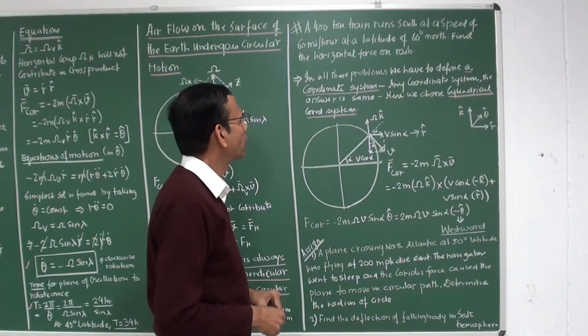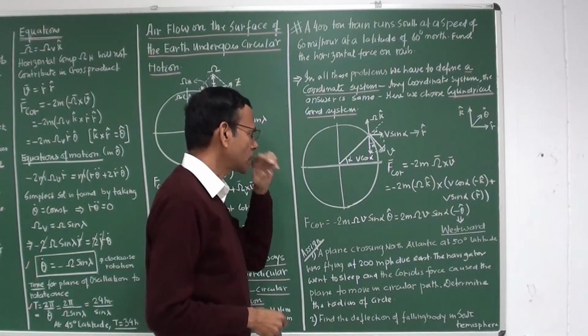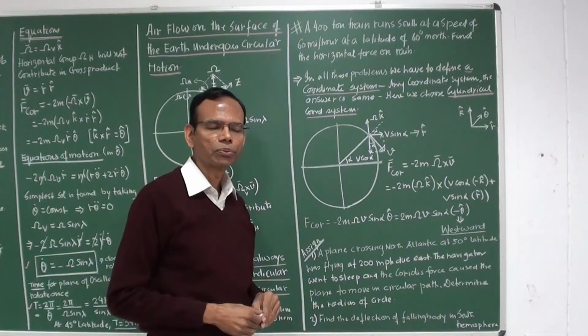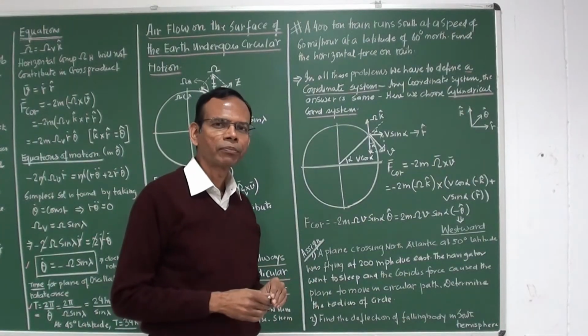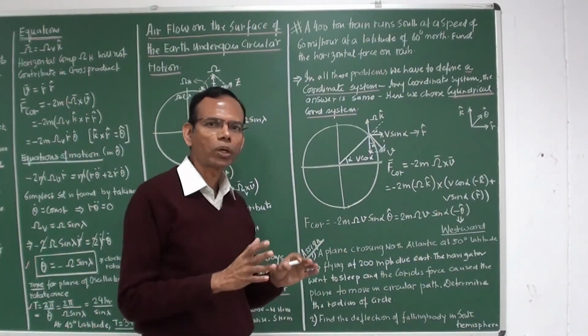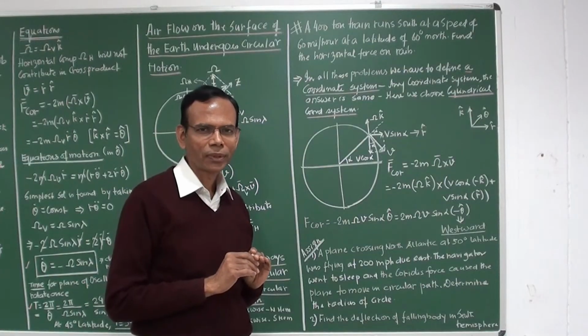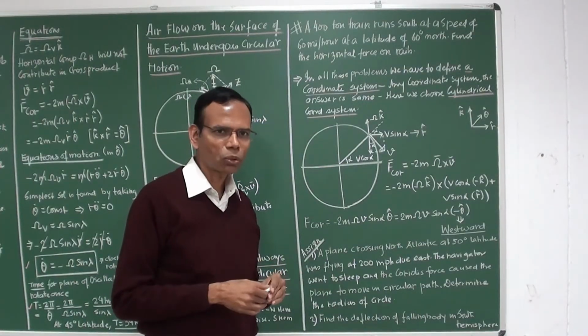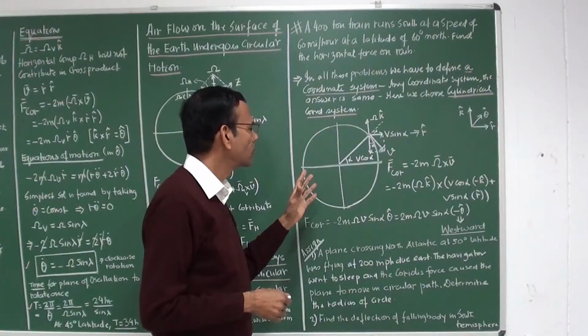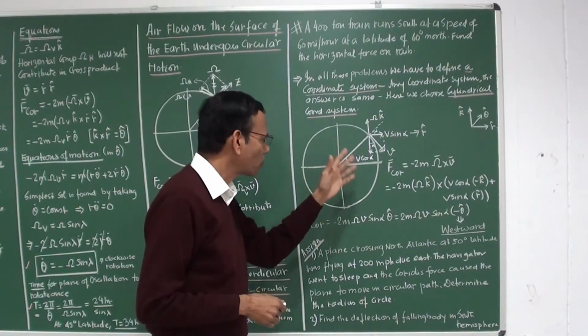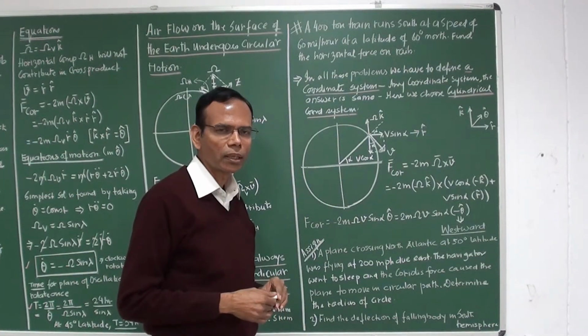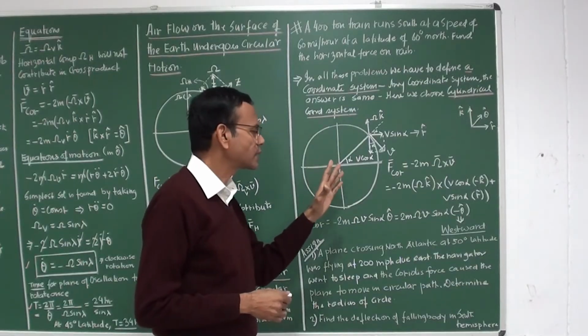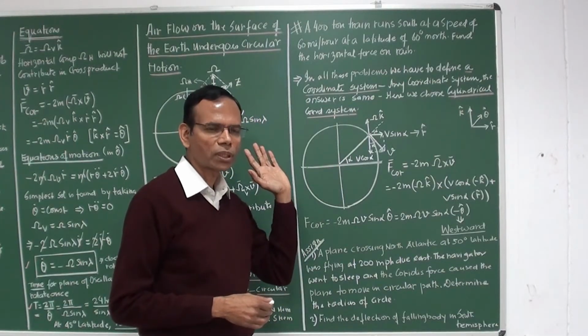Okay. So in all these problems, the first step that you have to do, as we have seen, is to set up a coordinate axis. Now you can set up the coordinate axis in different ways. Here, the way the problem is solved, the coordinate axis is a little bit different from the way we have chosen earlier.